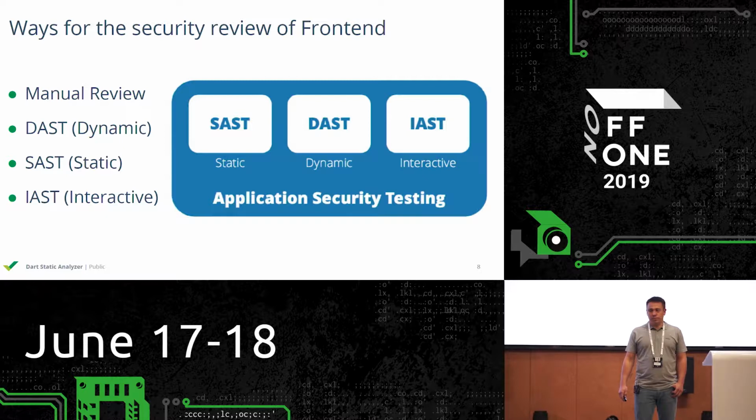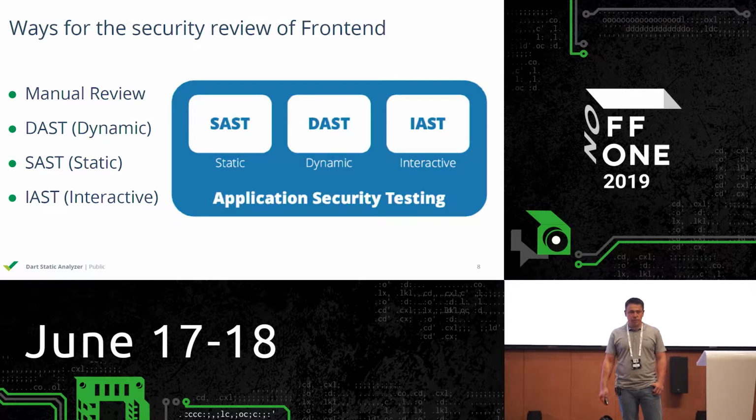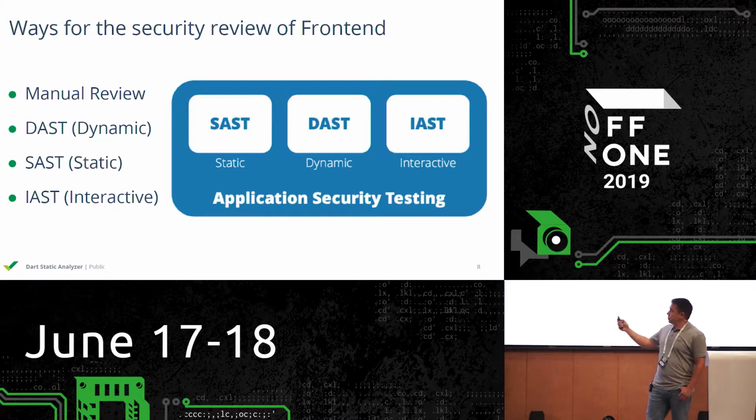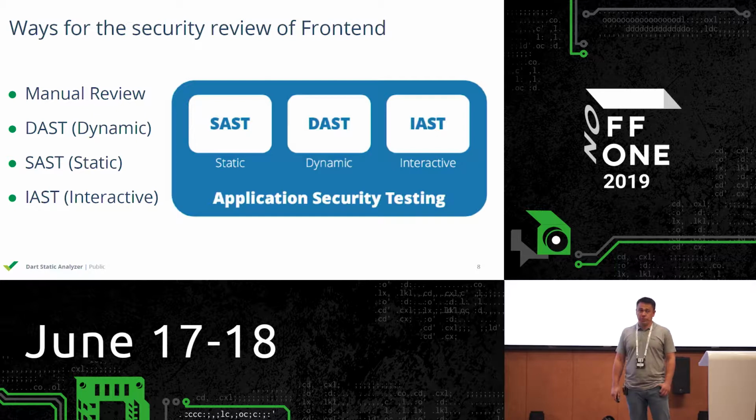Let's consider what the approaches are to analyzing source code at the front end and at the back end as well. First of all, this would be the manual review, where you are looking and using your hands.